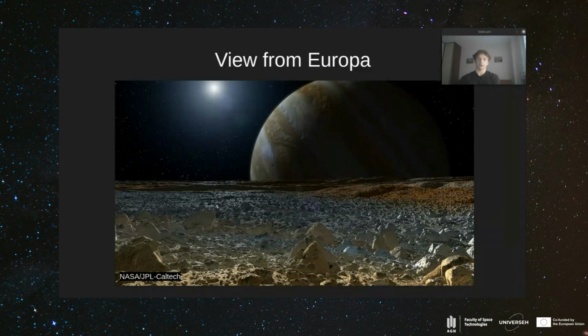Okay, and now I would also like to discuss, because I kind of skipped this, what's the reason for sending the Europa Clipper? Because we're not expecting to find squids or octopi under the subsurface oceans.